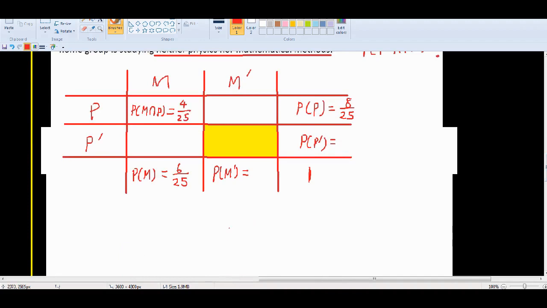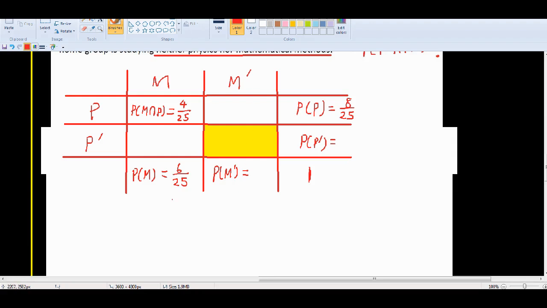So the question is, how could we find the yellow box? To find the yellow box, you need to use addition or subtraction along the row or along the column. Let's see the column.